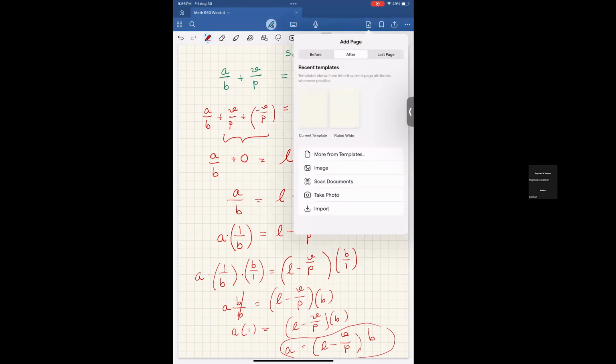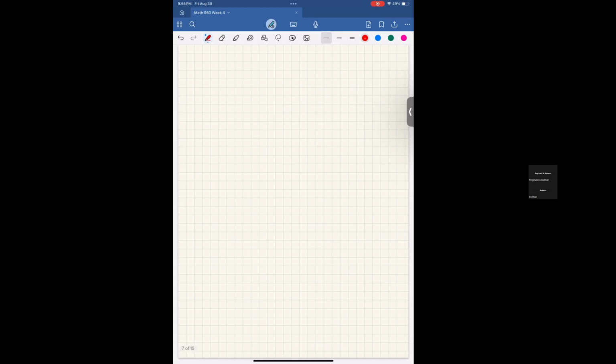Okay. Now for a distribution problem, suppose you have a times t minus wz, and this is equal to m plus g. And we want to solve for w. Okay, so there are a number of different ways that you can approach this type of problem.